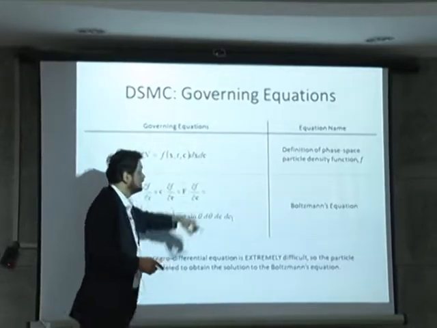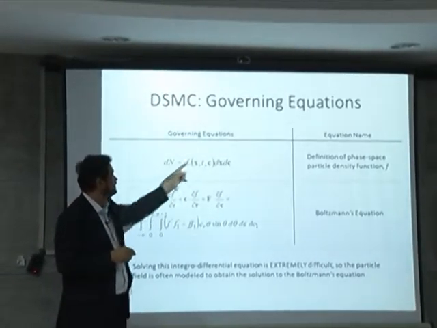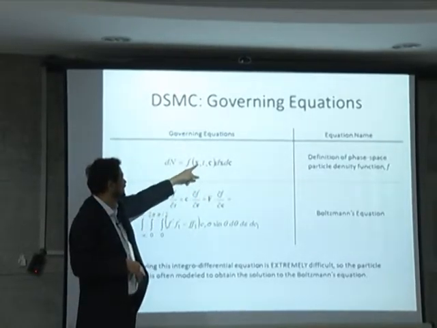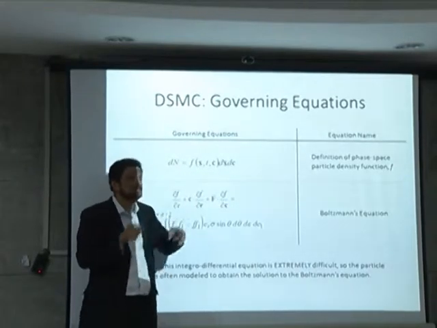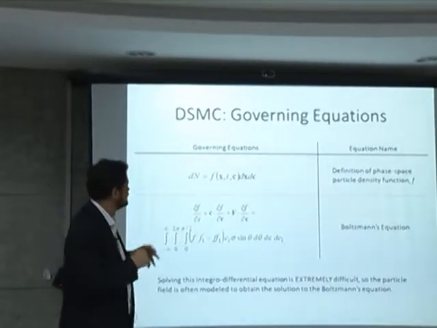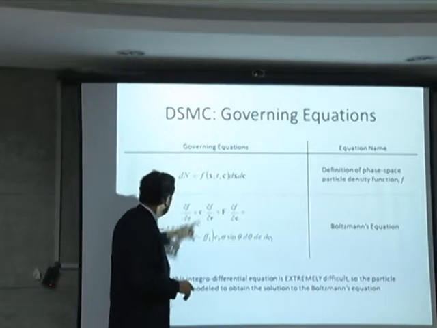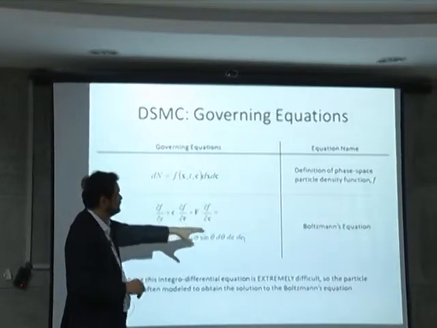That is, the probability of finding a molecule between t plus delta t and x plus delta x, y plus delta y, z plus delta z, and speed of v plus delta v is so much. And then you integrate it over space and so on, and find out how it is.